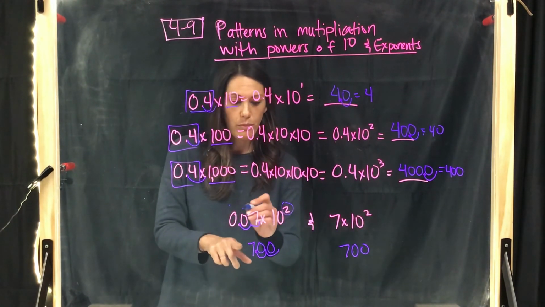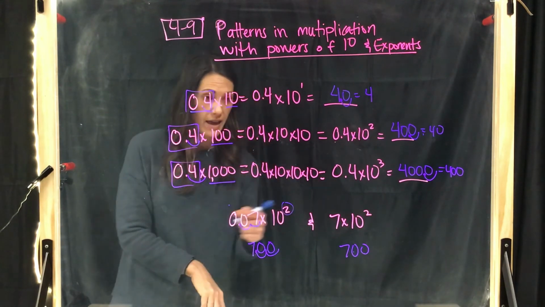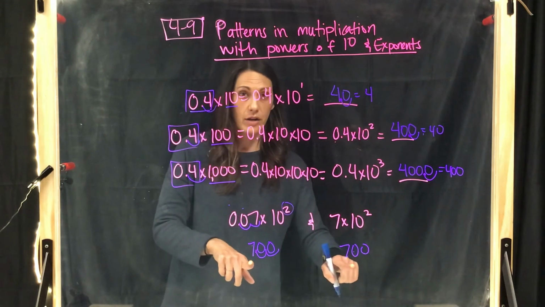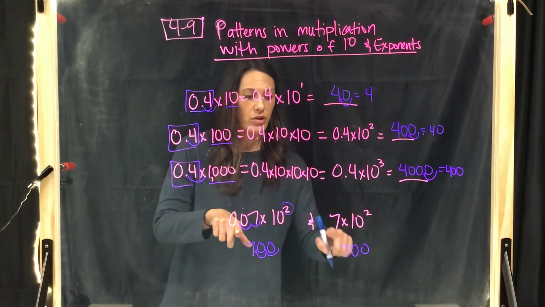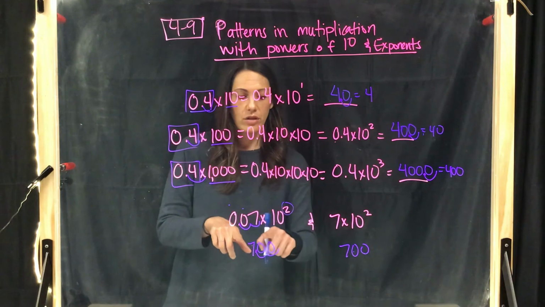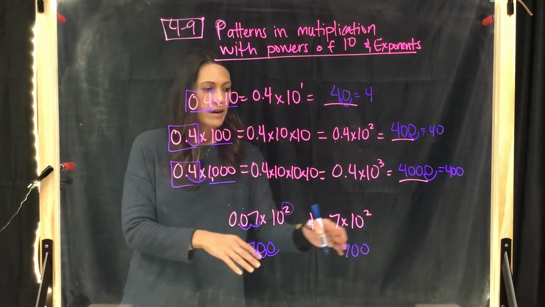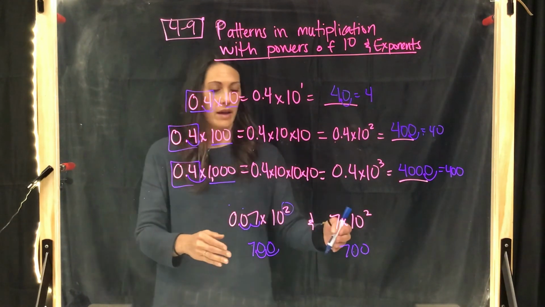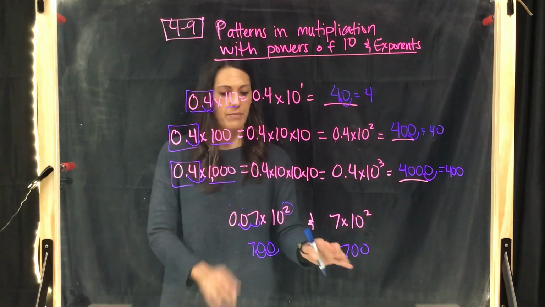So they both moved 2 spots to the left, but the number is different. This is 7 and this is 700 because we started with a different number. So when you're multiplying, it's the same thing that's happening to both numbers. They're just different because we started with different numbers.